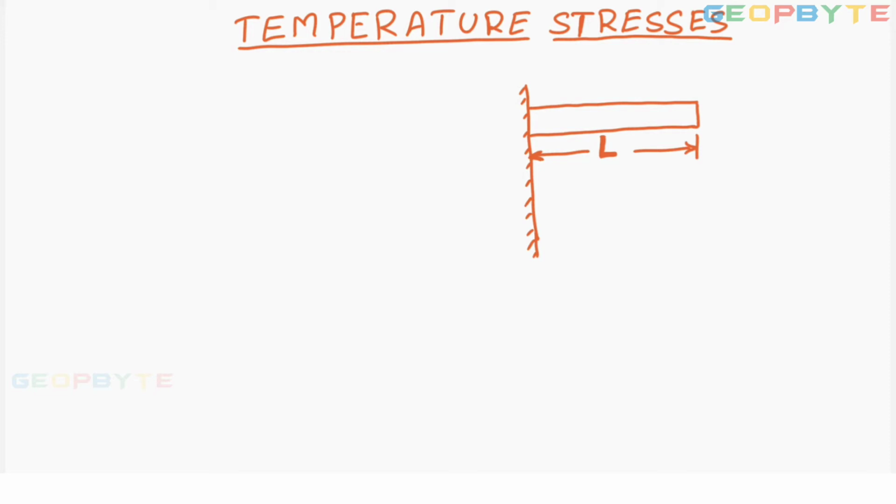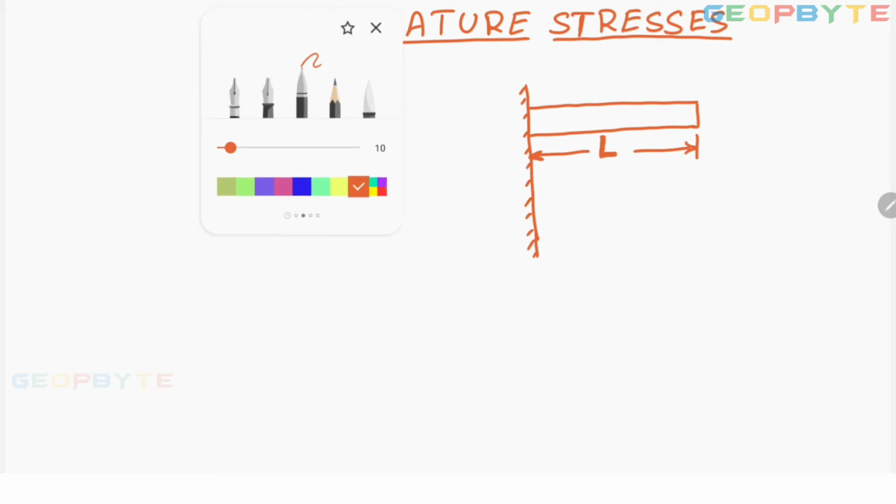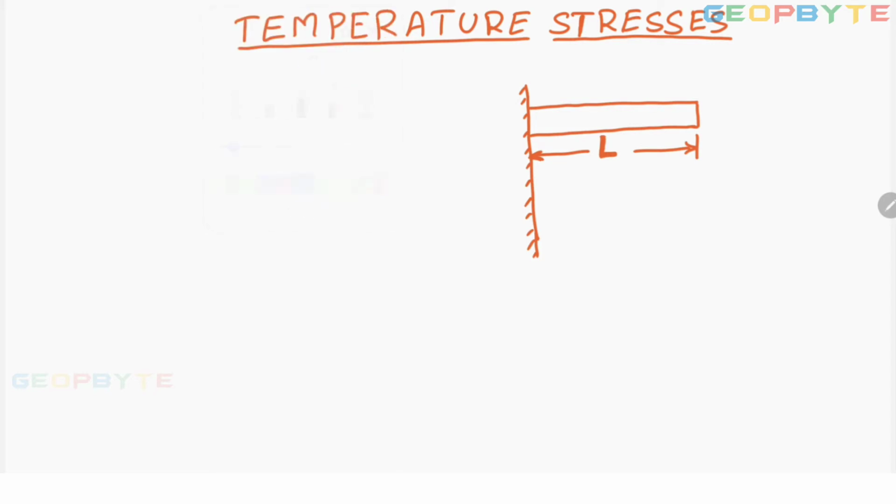We have taken a body, look at the body. The body original length is L and it has the temperature T1 initially.